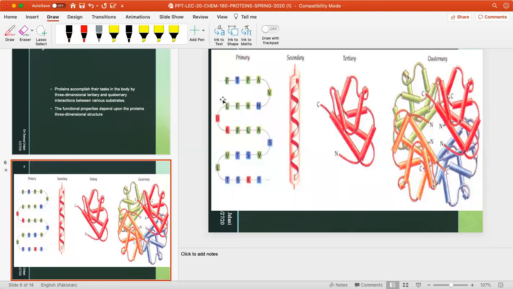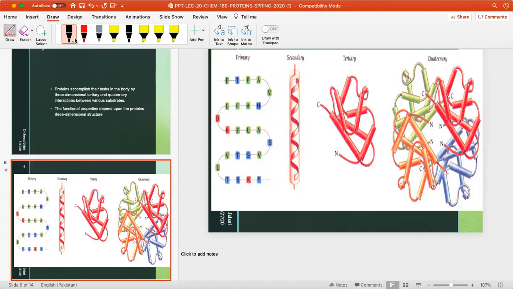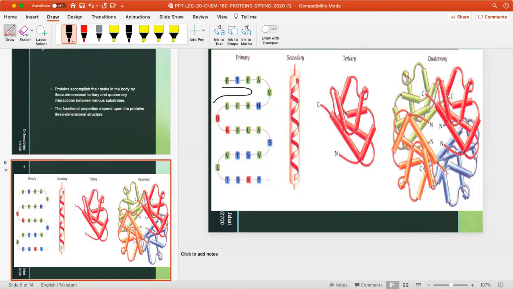So this is the primary structure, which is made up of chains. This is the linear structure.